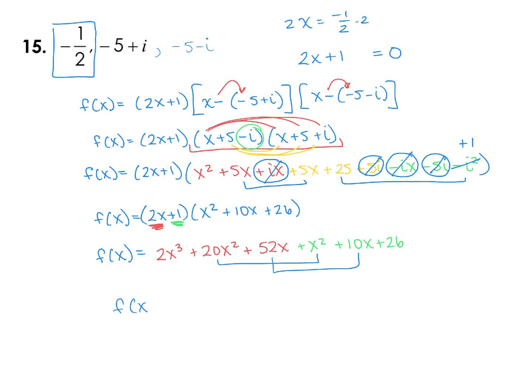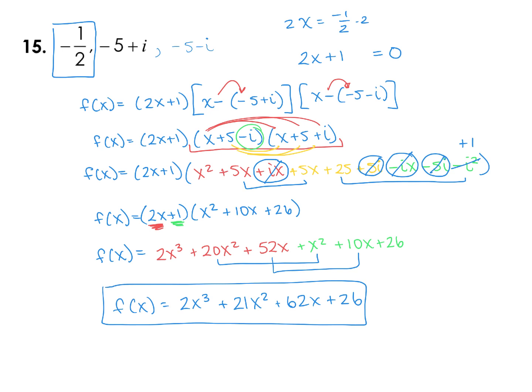So I've got f of x equals 2x cubed plus 21x squared plus 62x plus 26. That should be your final answer for the last question on our quiz 3-3. And it makes sense. We figured out in the very beginning that we had 3 zeros, so having a corresponding degree of 3 makes sense for this problem.